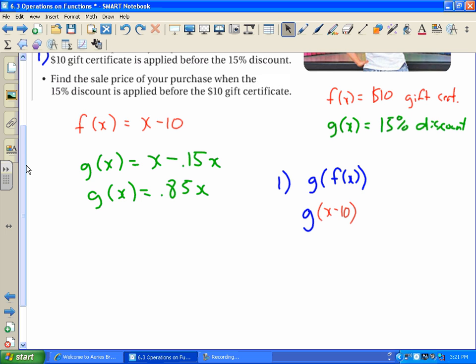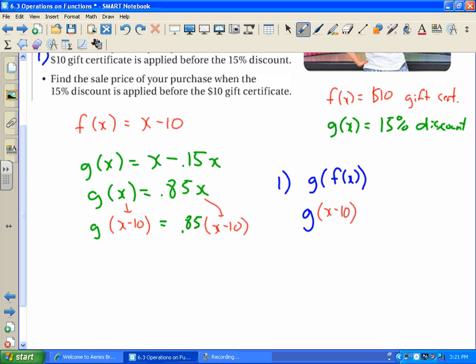If g of x equals 0.85x, then g of x minus 10 is going to be, I'm substituting in for my x's here, g of x minus 10, which is g of f of x. So this function becomes 0.85 times x minus 10.